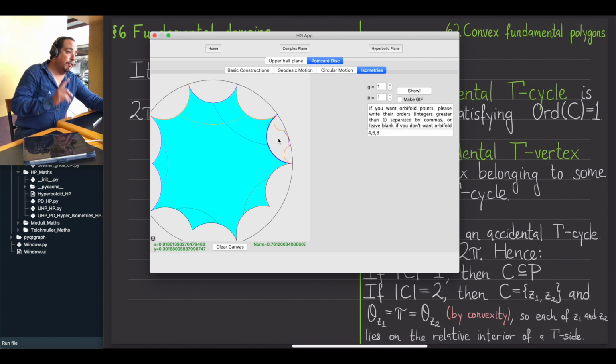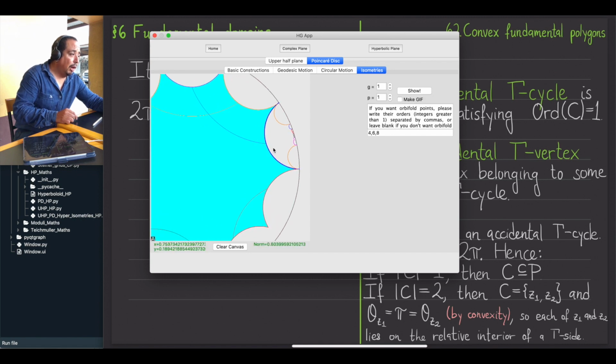So that Mobius transformation definitely has the property that P bar intersected with its image under that element of gamma is not empty. It's actually this side, right?